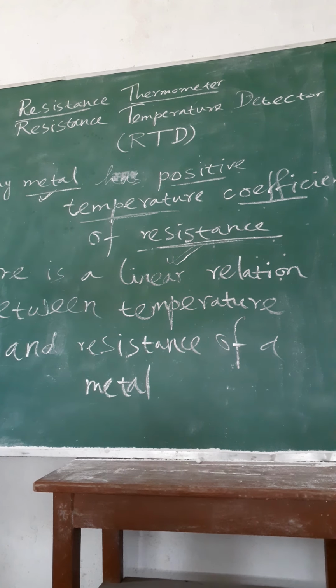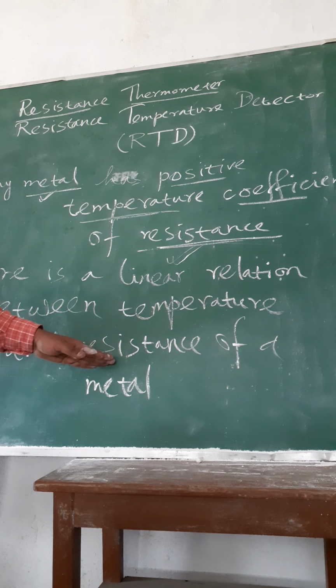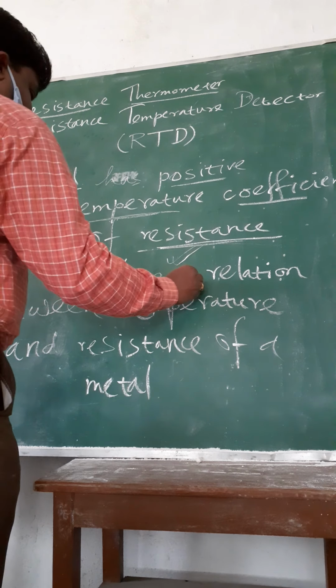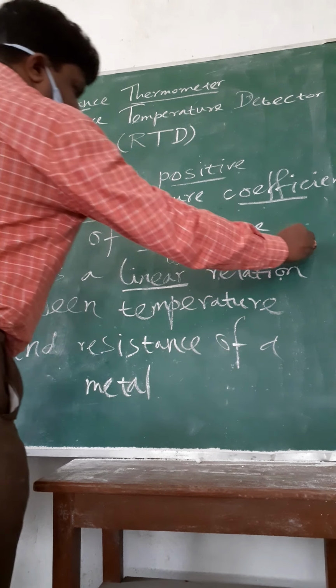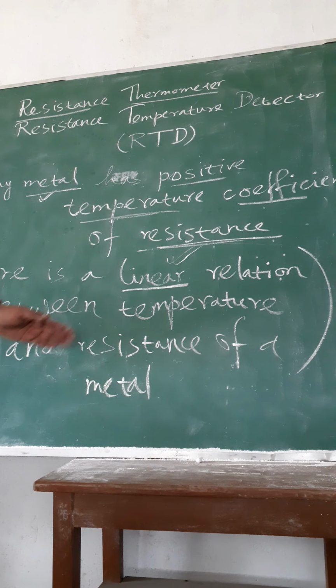Then what is the relation between temperature and resistance for a metal? This is a linear relation. That means if you increase the temperature, its resistance value will increase.